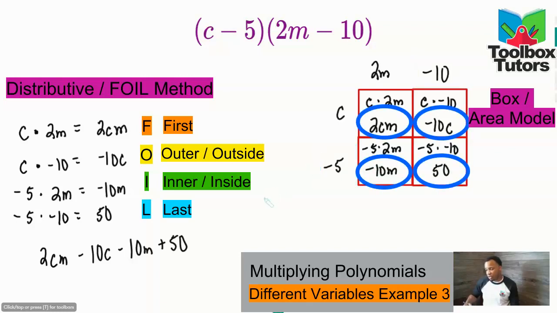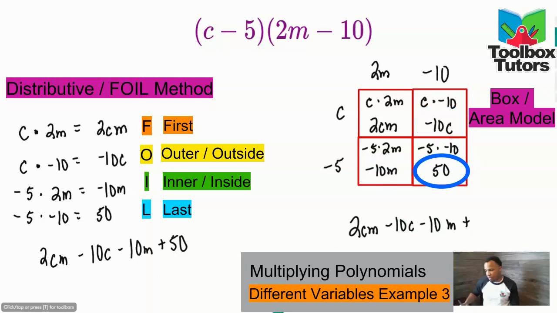So now that we have these four terms, we want to look at these four terms and see if we have any like terms. Of these four terms, we have no like terms. So we'll bring each term down and each one will be part of our answer. So we have 2cm minus 10c minus 10m plus 50 as your answer.